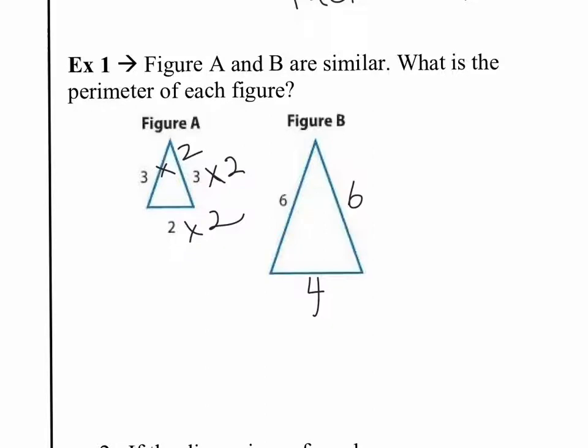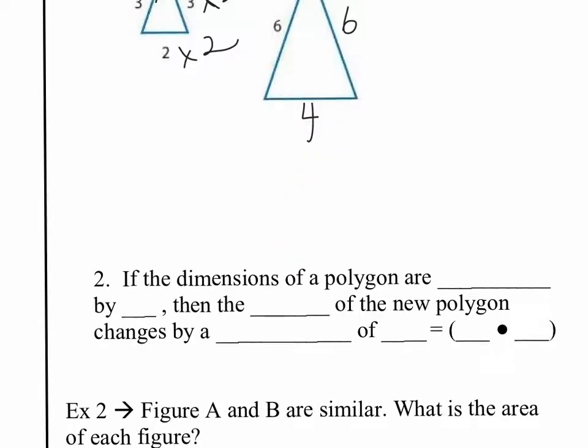To be able to find the perimeter, you have to add all sides. The perimeter of the small triangle would be 3 plus 2 plus 3, which is equal to 8. And if there is no measure, we put units.